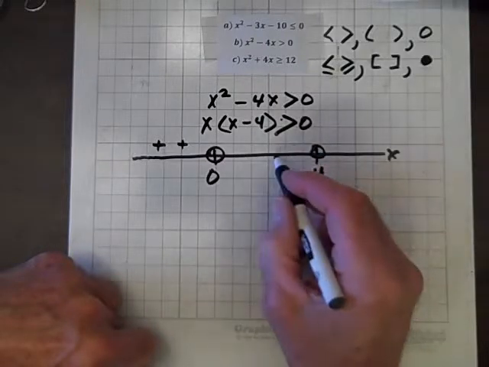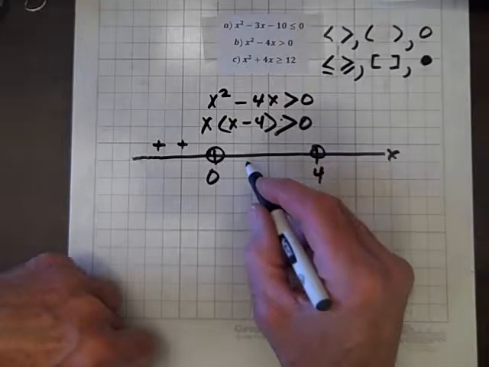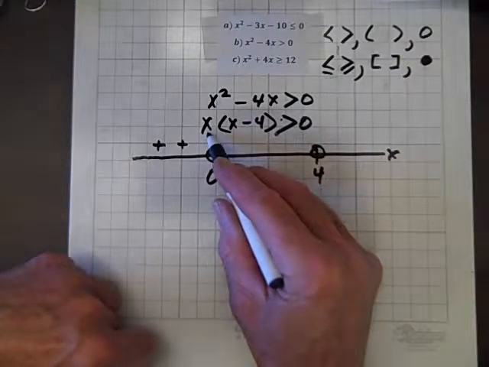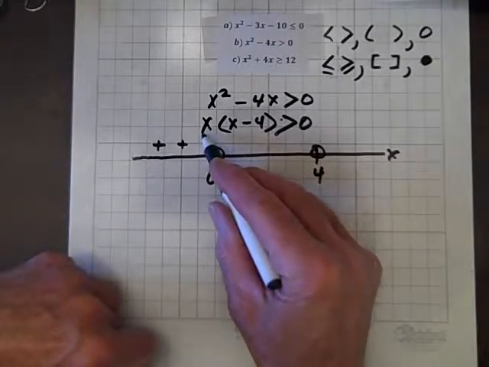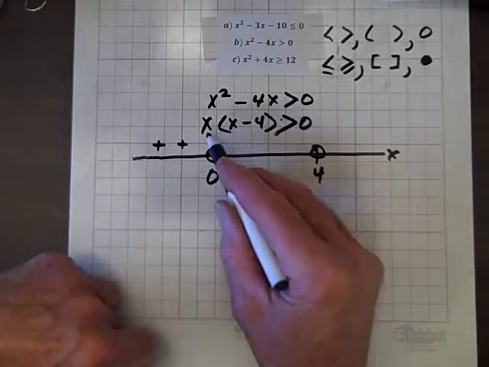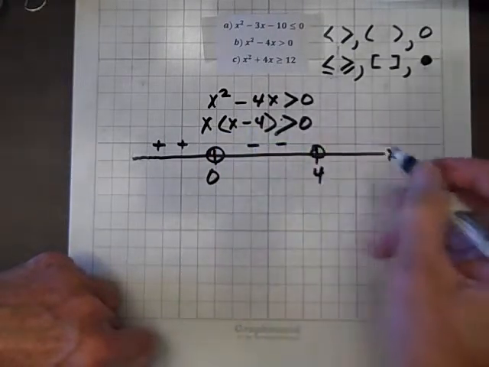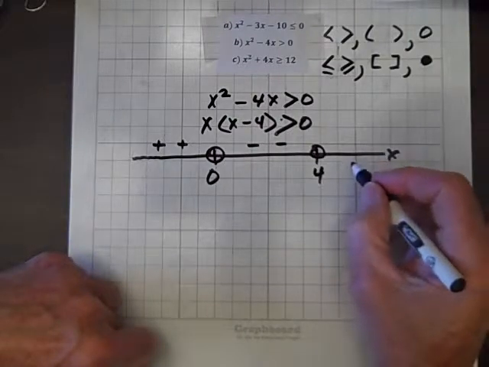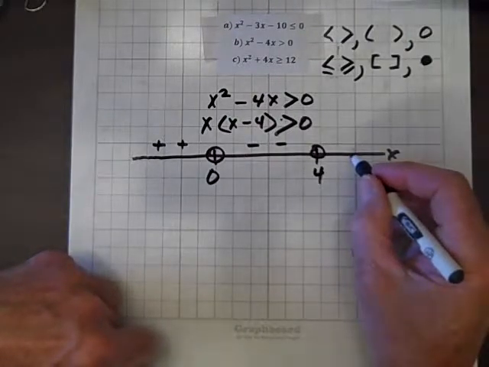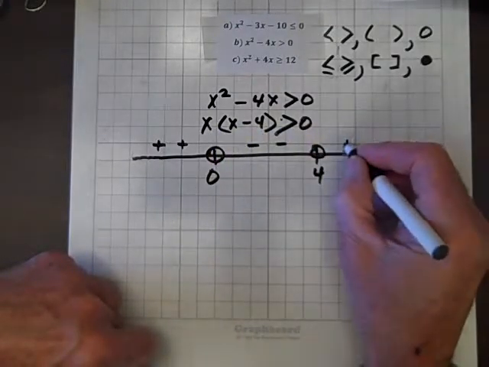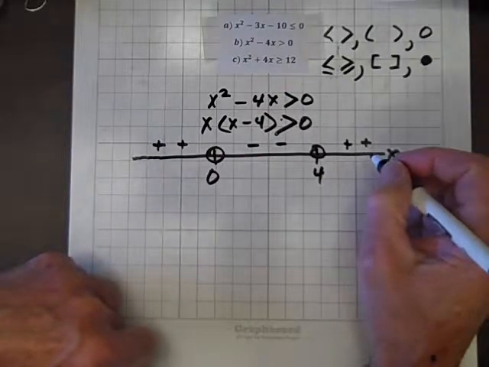Now for this interval, let's choose the point 1. Letting x take on the value of 1, we'll have a positive times a negative, which is negative. And for this interval, let's let x take on the value of 10. We'll have the product of two positives, which is positive.